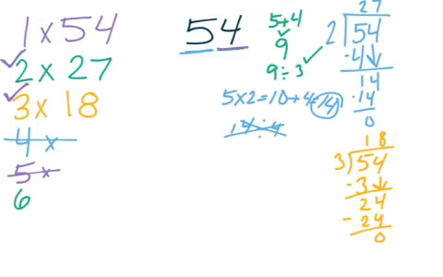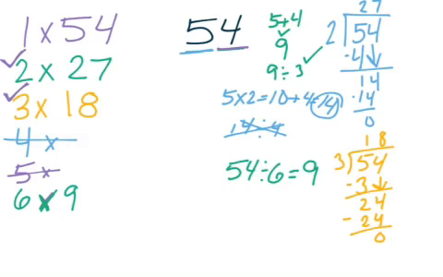So 6 is going to be a factor. So in order for me to figure out what its partner factor is, I'm going to have to divide. I'm going to set up my division, 54 divided by 6. And that's one of my basic facts that I know, and that gets me 9. So 6 times 9 gets me 54.